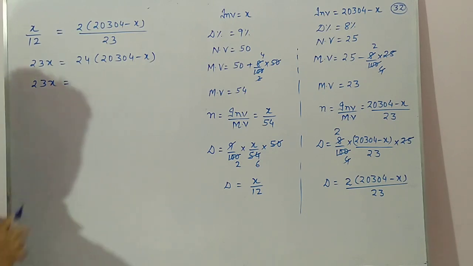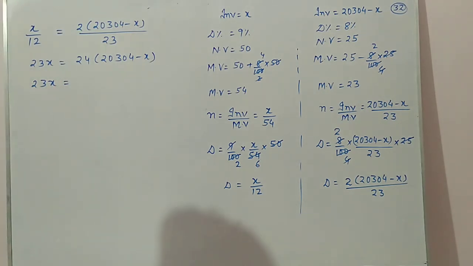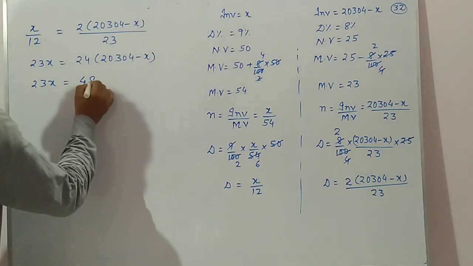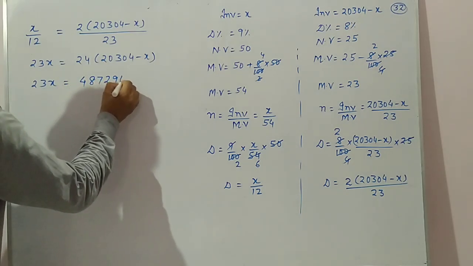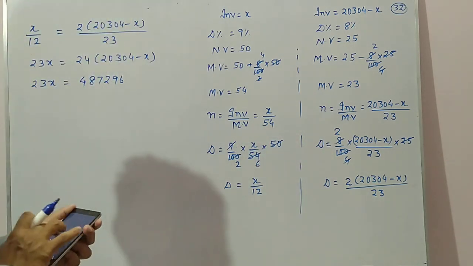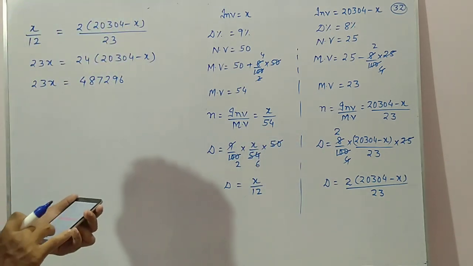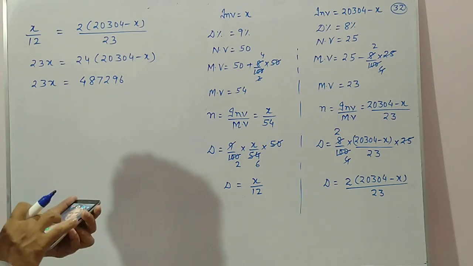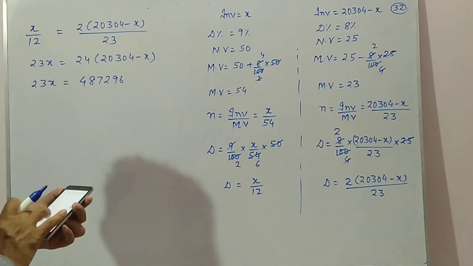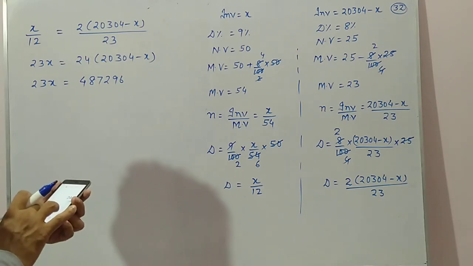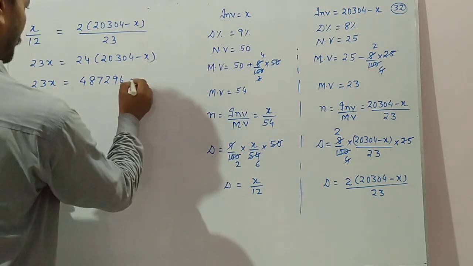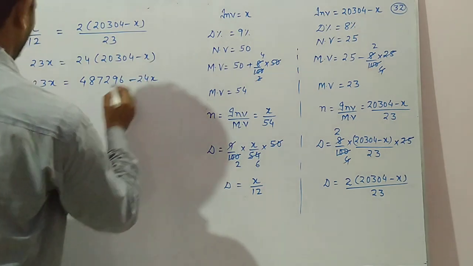On multiplication you are getting 487,296. Let me multiply this one and check. 24 into 20,304 is 487,296 minus 24x.